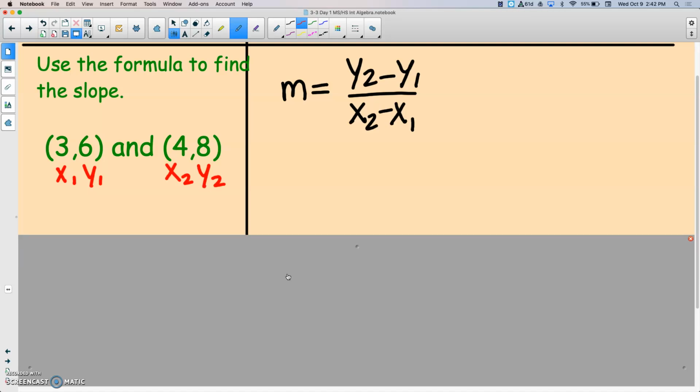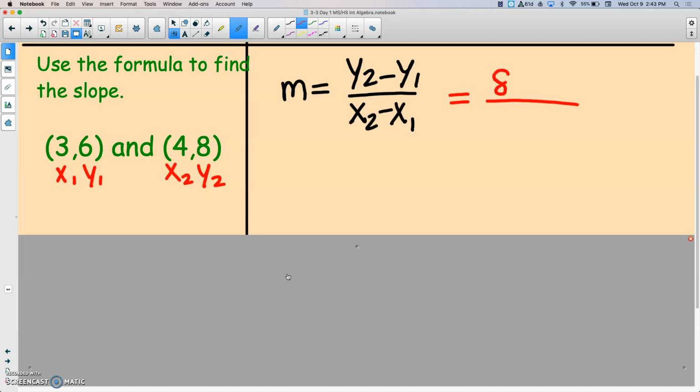Okay, I've labeled my ordered pairs. One of the ordered pairs gets XY with the 1s. The other ordered pair is XY with the 2s. So it's very important that you have the 1s together and the 2s together, and X is always before Y. Now it's just a matter of plugging it in. So Y2 is first.